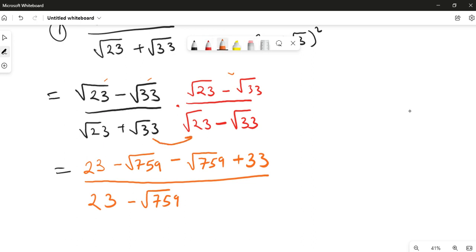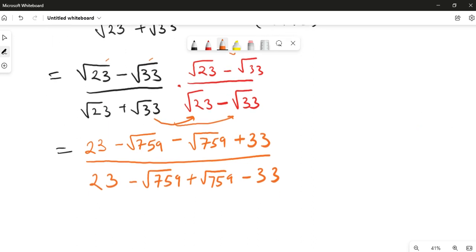The square root of 33 times the square root of 23 gives us positive the square root of 759. The square root of 33 times negative the square root of 33 gives us negative 33. So we can now simplify our expression.